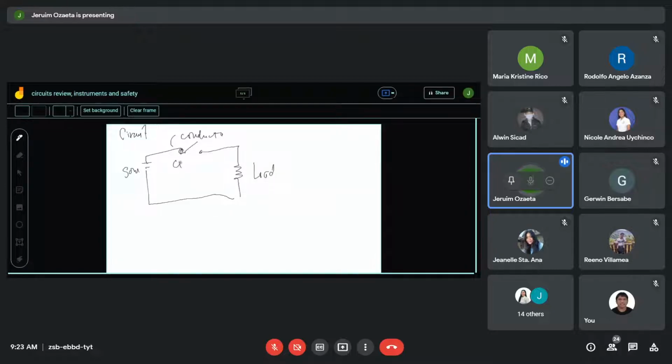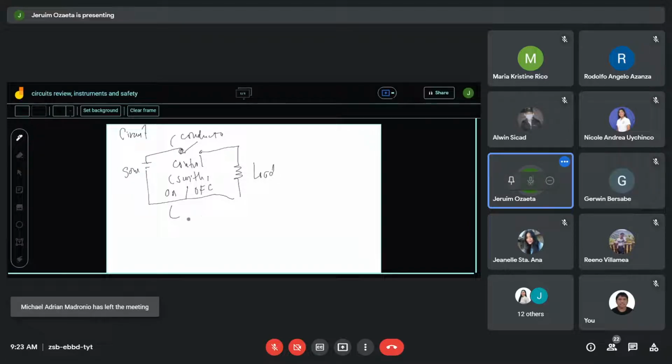This is your control, which is often a form of switch. The control does only two things: put it on or off.